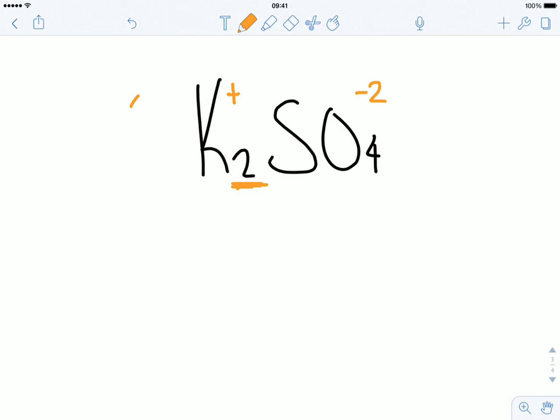When we balance, we use coefficients. So we'd put a number, like 2 for example, in front of this whole compound. And remember that when we put a coefficient, it affects the amount of potassium we have and the amount of sulfate that we have. So just be clear on the difference between a coefficient, which is used for balancing an equation, and a subscript, which is used for canceling out the ionic charges.